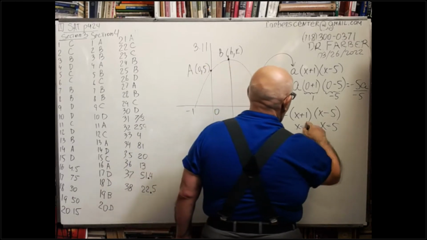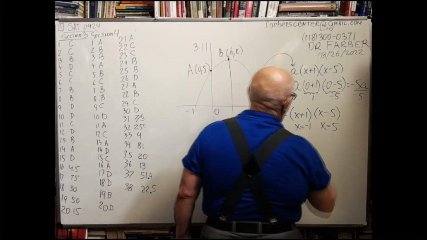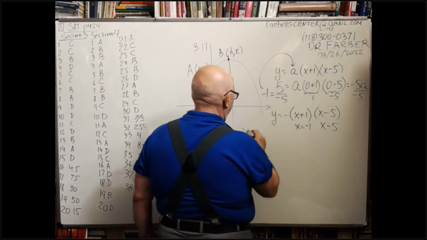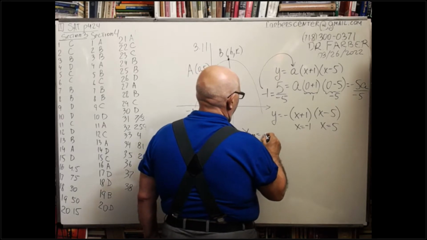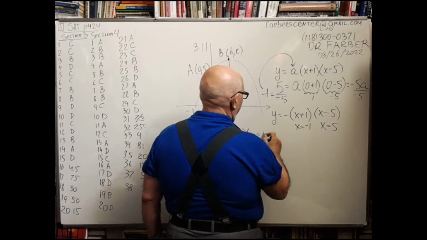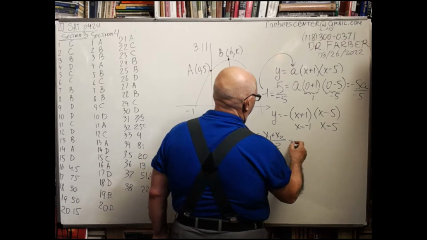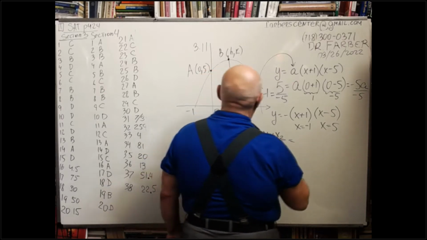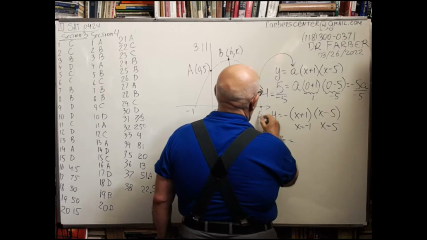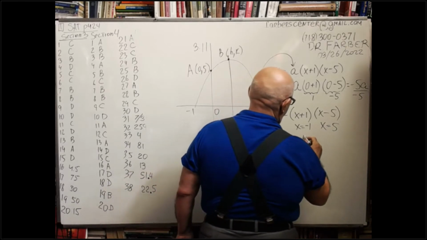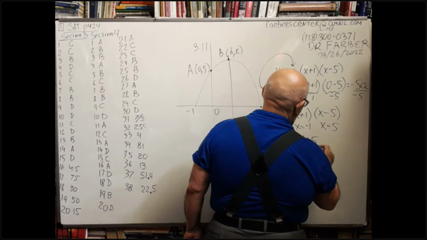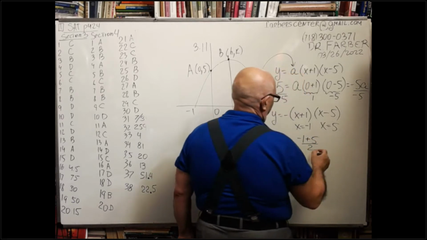Okay, minus 1 and 5. xm equals midpoint, (x1 plus x2) divided by 2. Or minus 1, and this is 5, plus 5 divided by 2, which is 4 divided by 2, which is 2.